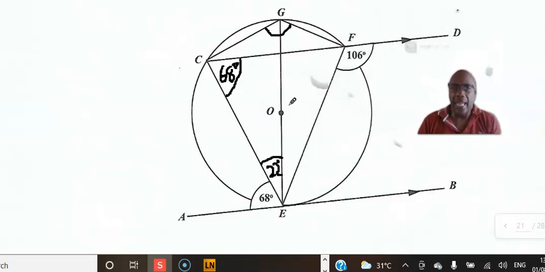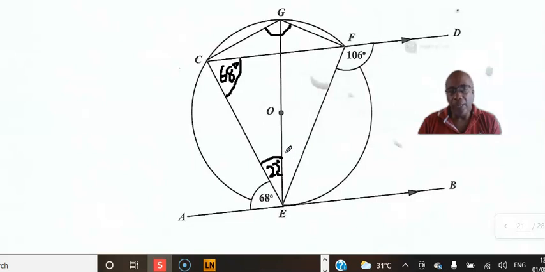And the rule is that the opposite angles of any cyclic quadrilateral add up to 180 degrees. And so therefore, angle CGF, which we want to find, plus this angle opposite to it, which is angle CEF, are supposed to add up to 180 degrees.